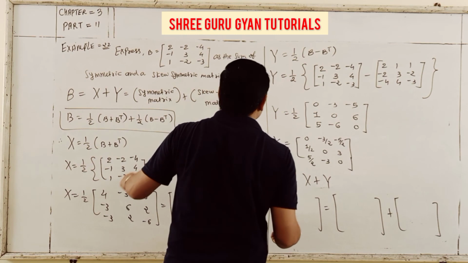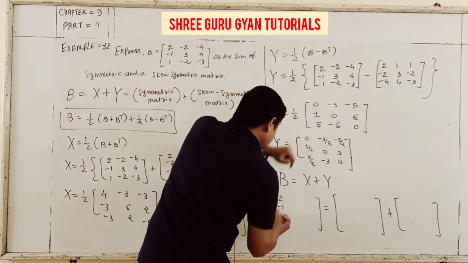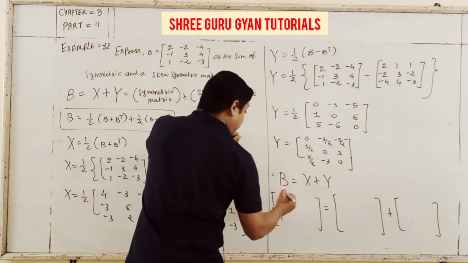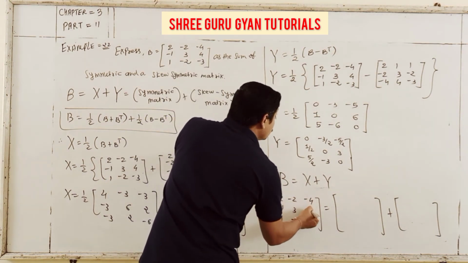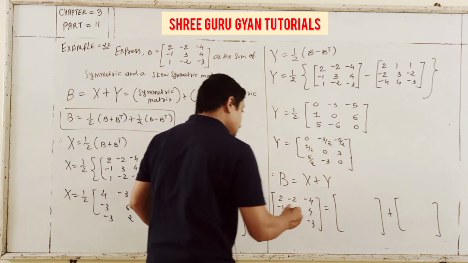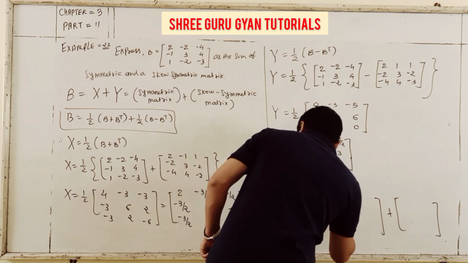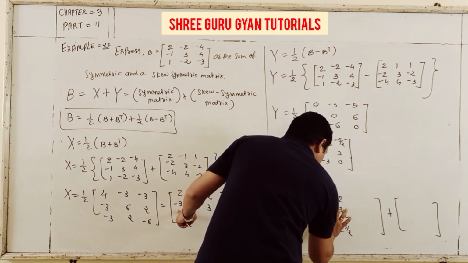So what is your B? B is that, yes, 2 minus 1 1, next minus 2 3 minus 2, and minus 4 4 minus 3. X is also known, that is 2, minus 3 by 2 and minus 3 by 2. That's your first X value.